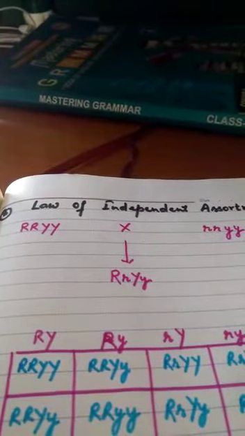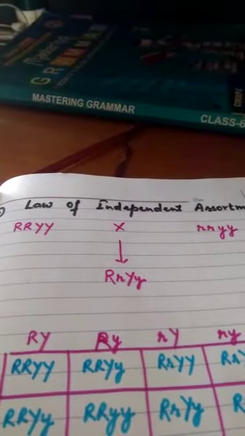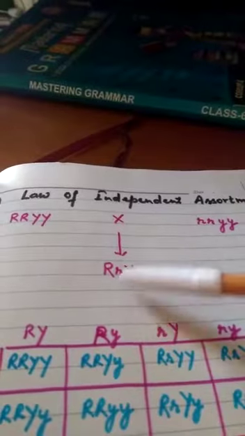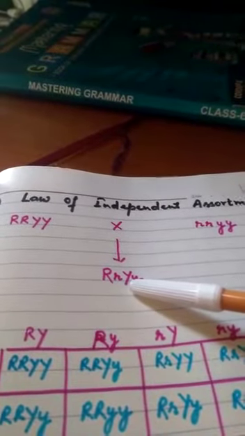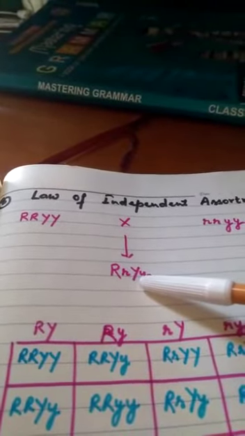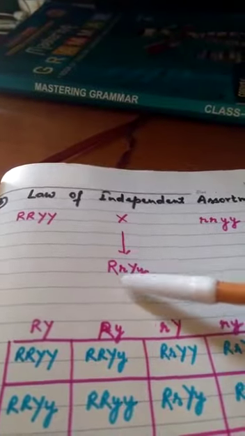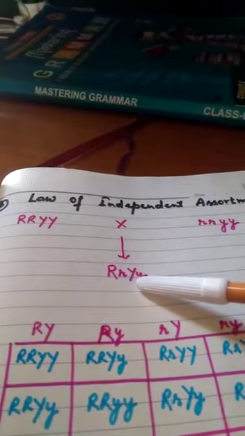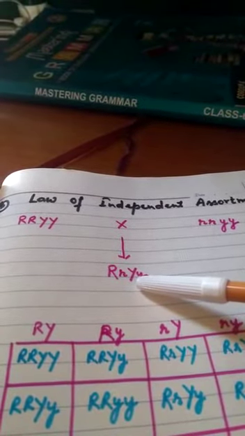Now these two plants were crossed with each other. When these two plants were crossed, in the F1 generation all the plants produced are round and yellow. Round and yellow are the dominant characters and green and wrinkled are recessive characters.